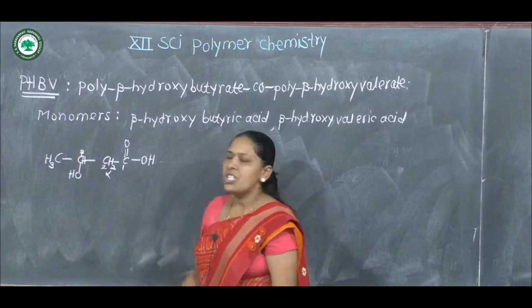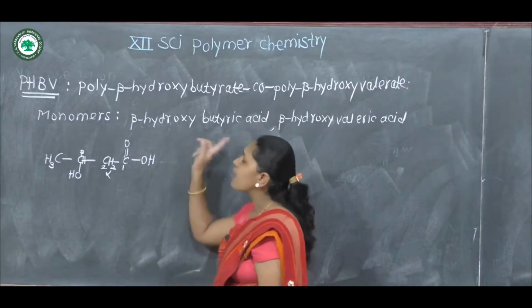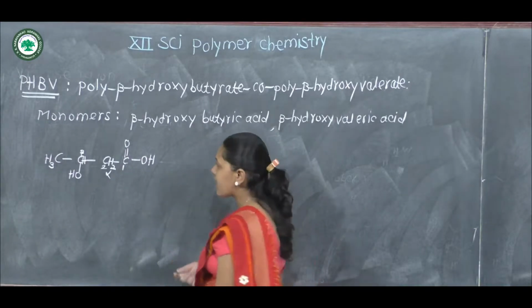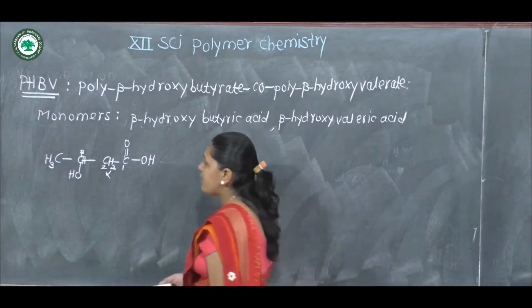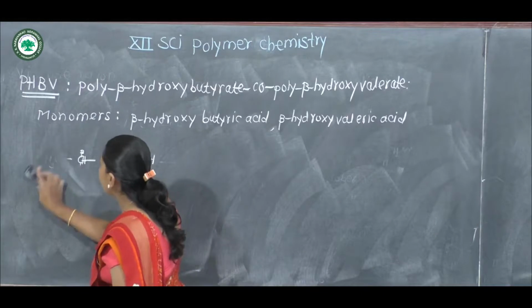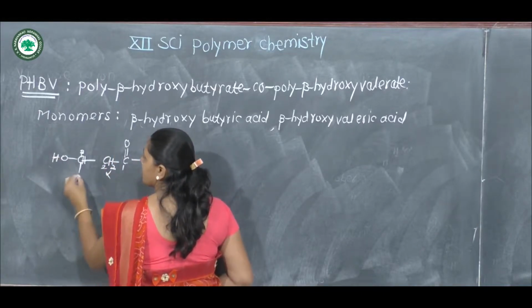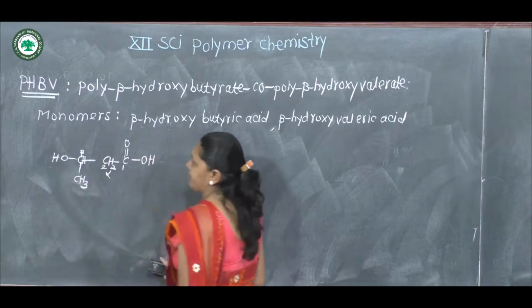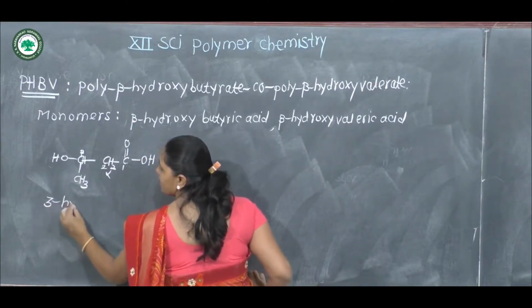At the beta position there is a hydroxyl group, therefore it is called beta hydroxybutyric acid, or its IUPAC name is 3-hydroxybutanoic acid. I can rearrange this structure: at the 3 position there is OH and CH3. This is 3-hydroxybutanoic acid.